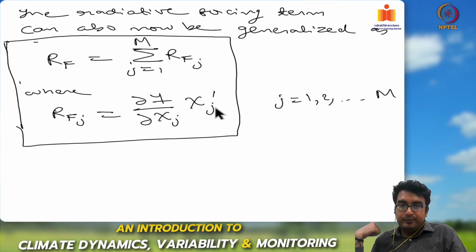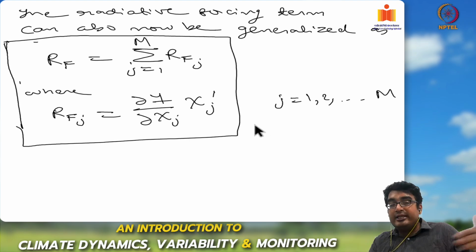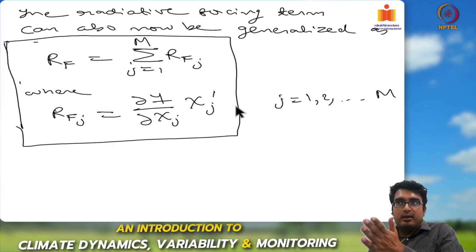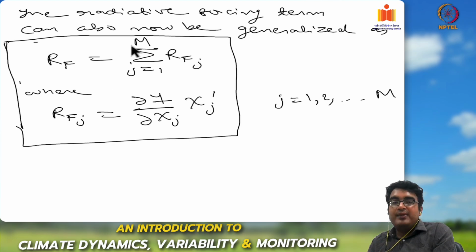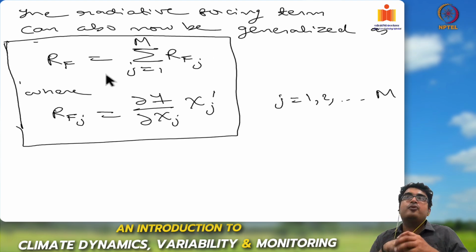This one we only did for CO2; now we can do it for CO2, methane, aerosol particles, NOx, CFCs, everything. Okay. All of that summation becomes the total radiative forcing for our climate system. Alright.